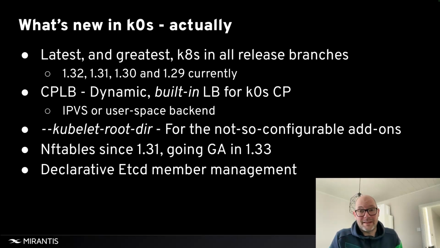What that means is that by default they actually don't work with k0s because the kubelet path is different. Whatever the component is, like CNI or CSI, we've found a couple of those. They're just looking for kubelet in the wrong directory and they don't work.